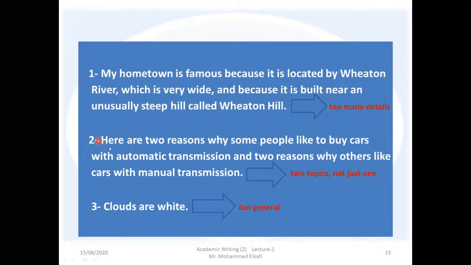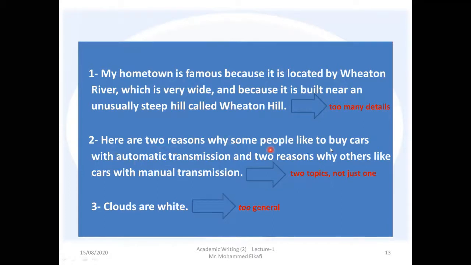About the second sentence: "Here are two reasons why some people like to buy cars with automatic transmission, and two reasons why others like cars with manual transmission." This sentence cannot be a topic sentence because there are two topics in just one sentence.